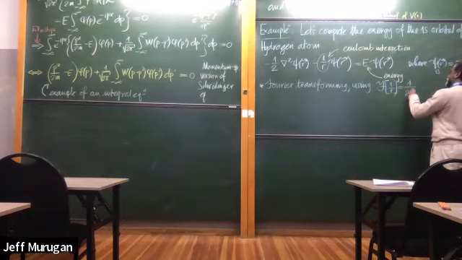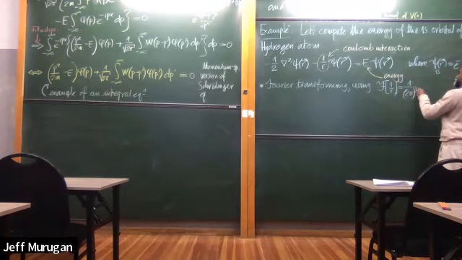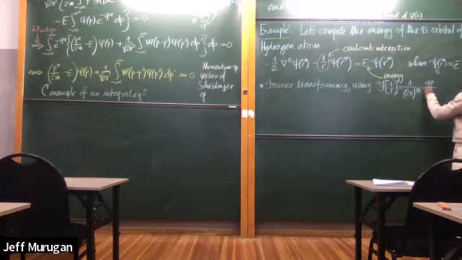1 over (2 pi) to the d halves, now in d dimensions, 4 pi over k squared.